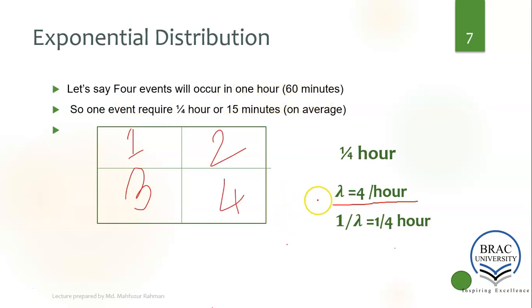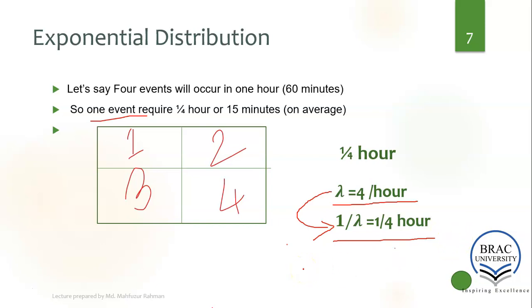Now we need to know how much time is required for one event to occur. For the exponential distribution, the random variable is the time required for an event to occur. So in that case, the parameter is the opposite, 1 by lambda, and the time required is 1 by 4 hour per unit on average.